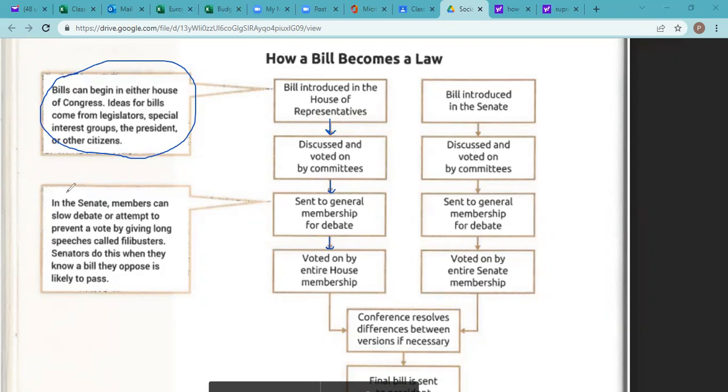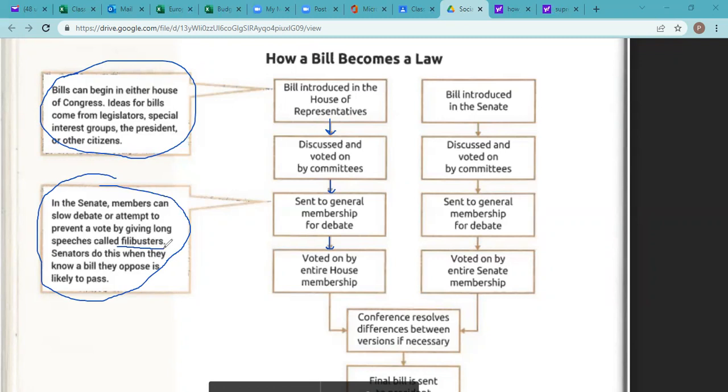Now, down here, it says in the Senate, members can slow debate or attempt to prevent a vote by giving long speeches called filibusters. Now, I've heard this word. I wasn't sure exactly what it meant because I've heard a lot lately the word filibuster.